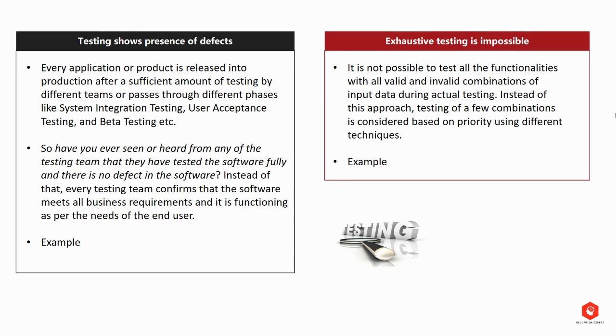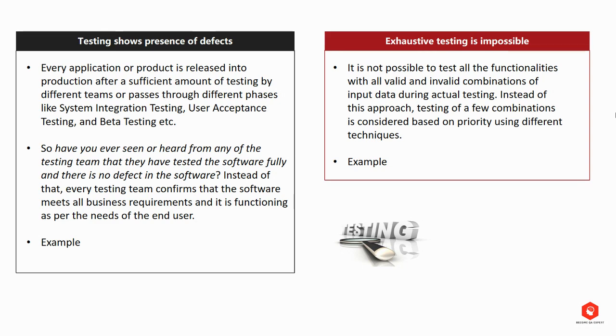Every application or product is released into production after a sufficient amount of testing by different teams, or passes through different phases like system testing, integration testing, user acceptance testing, and so on. And you can never see or hear from any of the testing teams that they have tested the software fully and that there is no defect in the software.